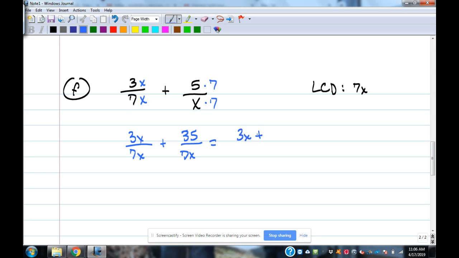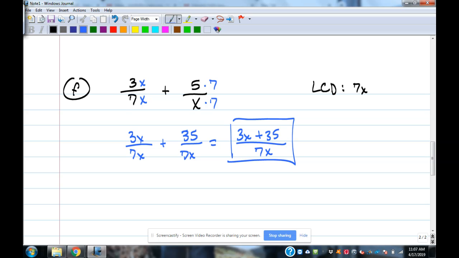That's just going to be 3x plus 35 over 7x. And 3x, 35 don't have anything in common, so I can't factor that to simplify. So there we've got a common denominator, and we've added the numerators together. They happen to not be like terms, but it worked out okay.